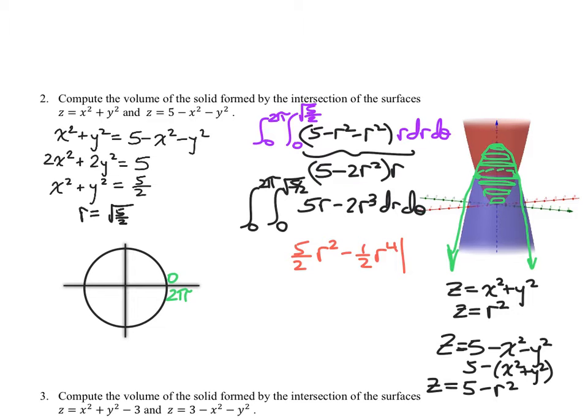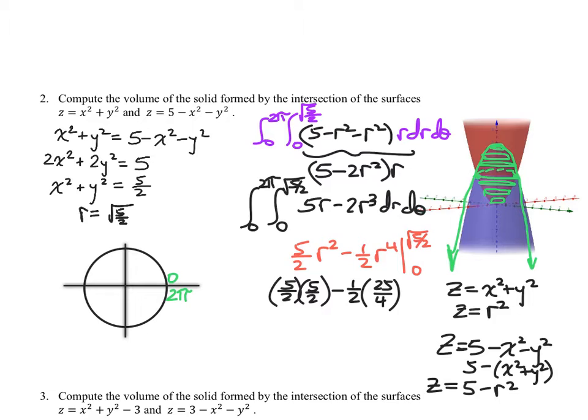All right, so this is going from 0 to root 5 over 2. So that's nice. We have even powers. That's the best thing that could happen when you have a square root that you're putting in. So 5 halves times 5 halves minus 1 half times root 5 over 2 squared becomes 5 halves, squared again becomes 25 over 4.